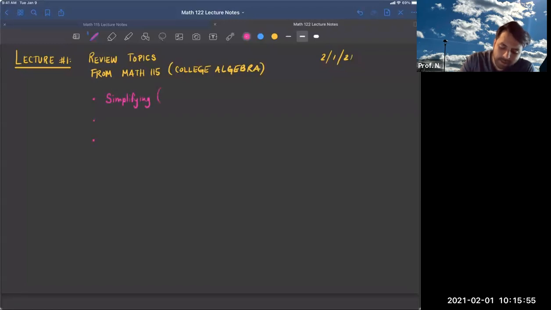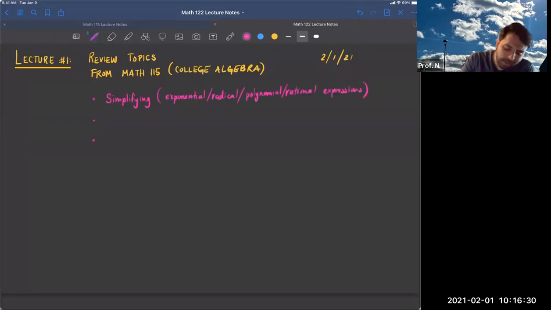Simplify exponential expressions, right? We did exponential, radical, polynomial, rational expressions, right? So we learn how to simplify a lot of things.